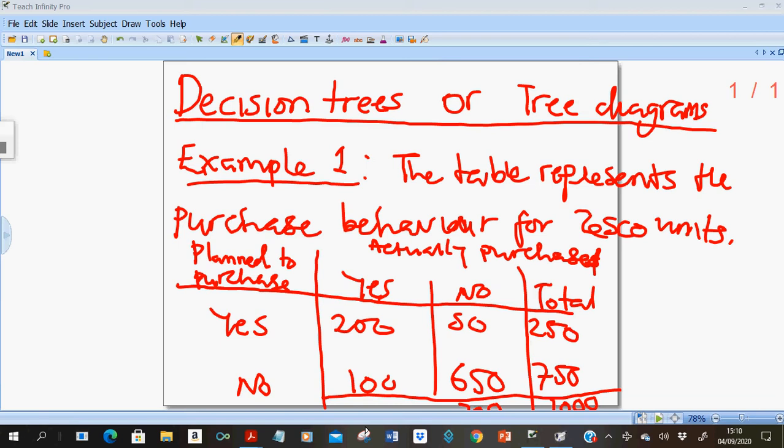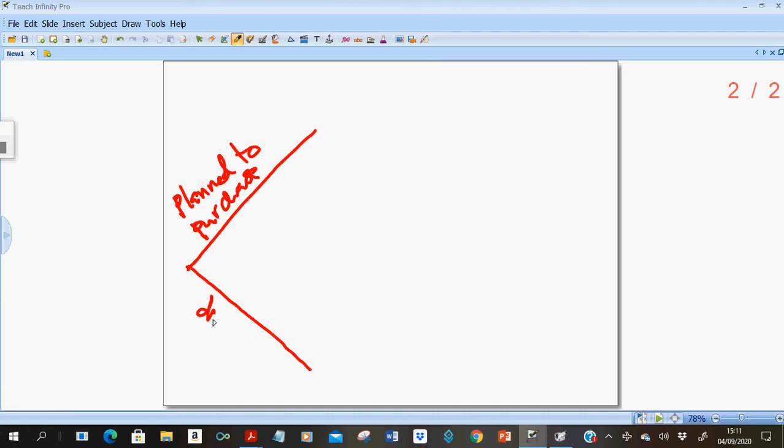I'm going to continue. We're going to construct our decision tree as follows. We'll have just 2 branches: those that planned to purchase, and those that did not plan to purchase.